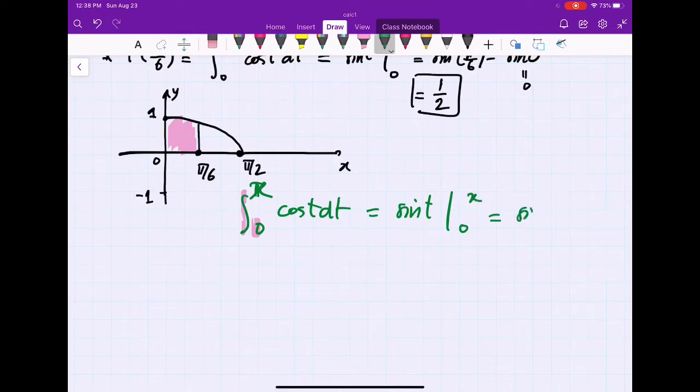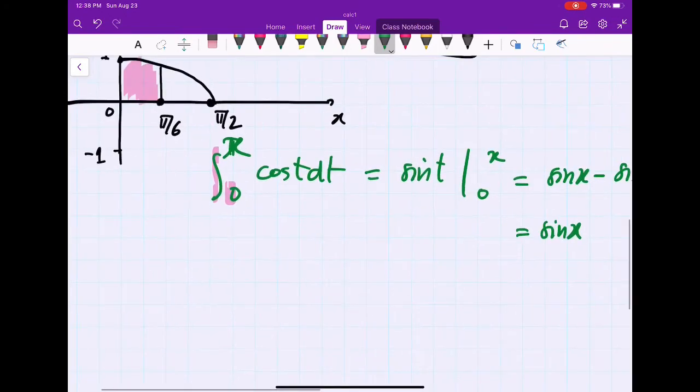So you get sine x minus sine 0. And we know sine 0 is 0. So basically that is sine x. That means your function is nothing but sine x. Let me rewrite it: F of x, the integral from 0 to x of cosine t dt, equals sine x.